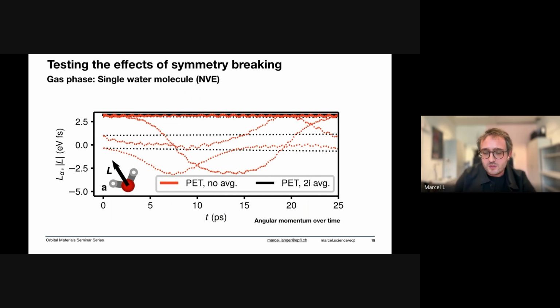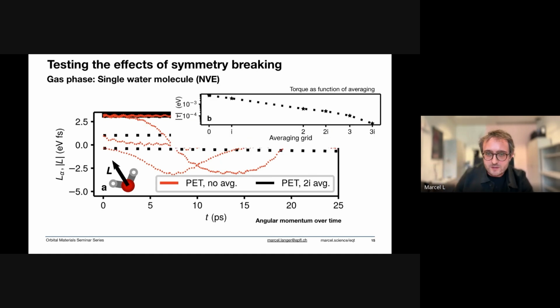And in particular, what we looked at is the angular momentum. So here on this plot, the red lines is the unaveraged raw model that we're working with. And you can see that the components of the angular momentum are slowly precessing. So it's a bit like a spinning top that you've given some hit and it starts spinning. Whereas for the averaged model, everything is conserved and there's no movement in the angular momentum.